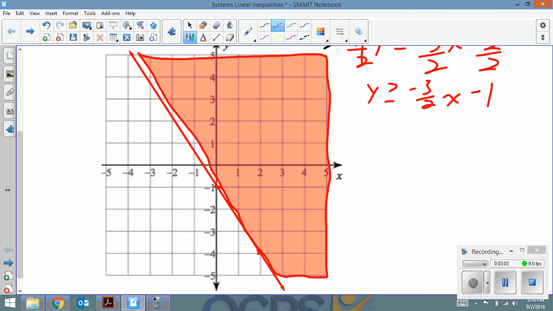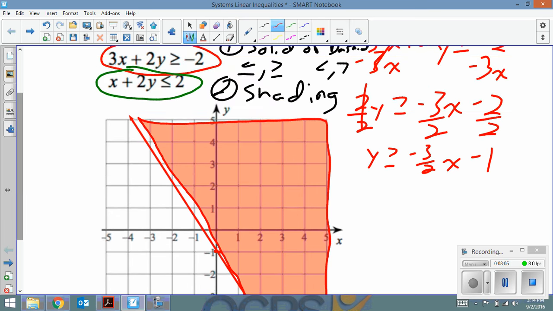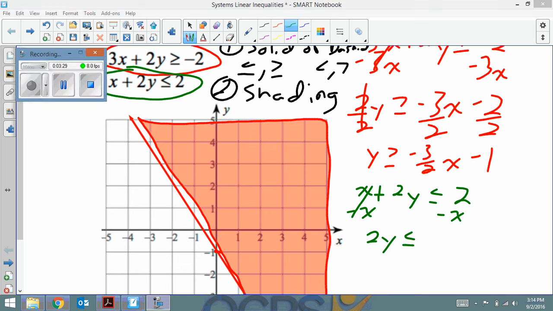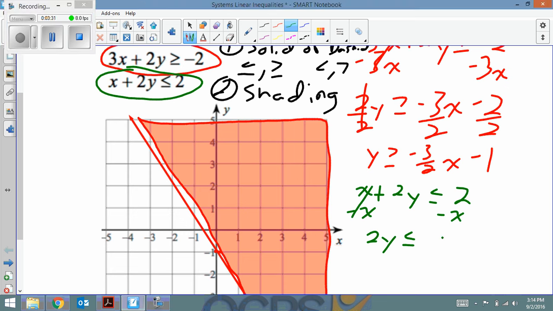Okay, now we got to do the same thing with the second line. So our second equation is, let's do it in green, x plus 2y is less than or equal to 2. So again, we have to subtract x. So we get 2y is less than or equal to negative x plus 2.